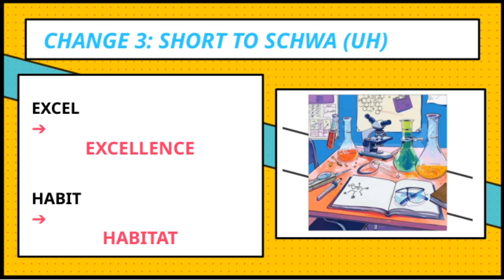This word emphasizes striving for excellence, which is the goal once we've established good habits and the right environment. Finally, excellence takes it even further, representing the highest standard we aim for. Now, let's focus on the language change highlighted here, the shift from a longer vowel sound to the short sound, or schwa.